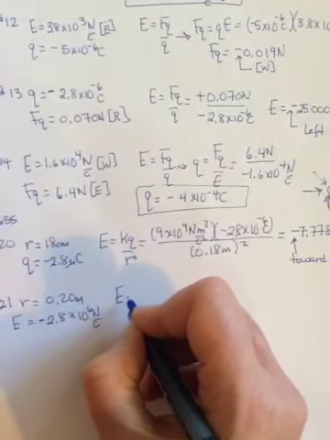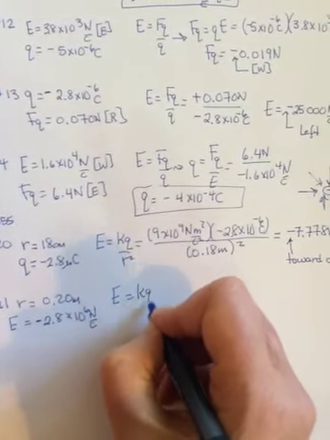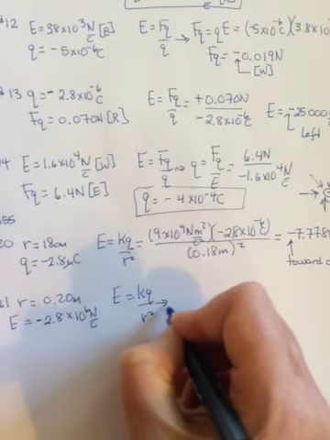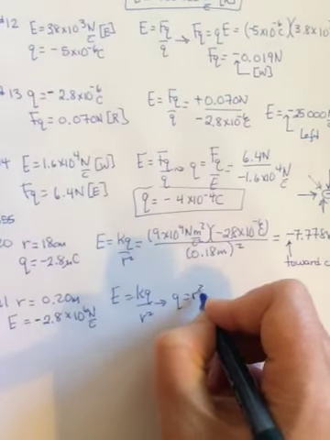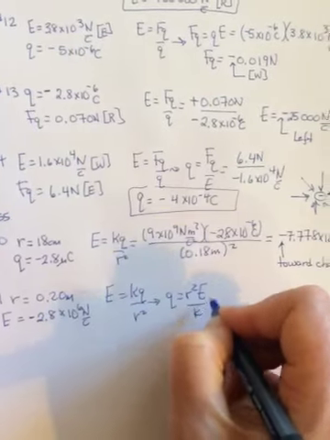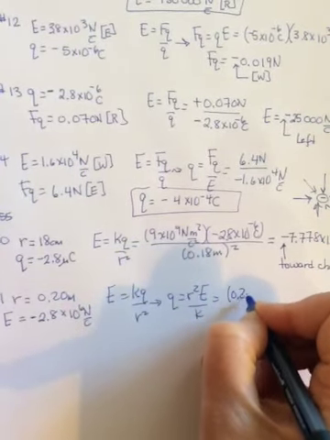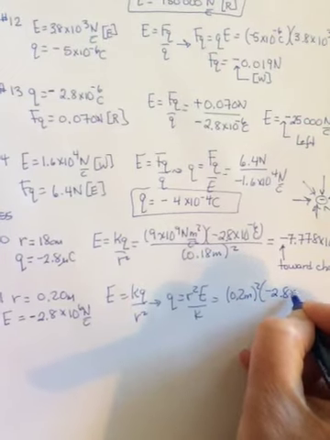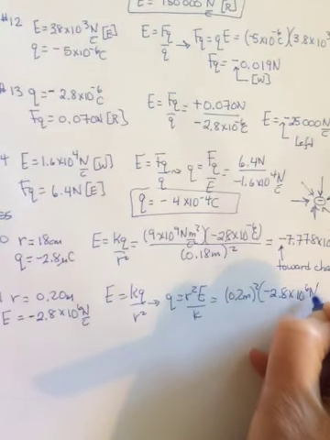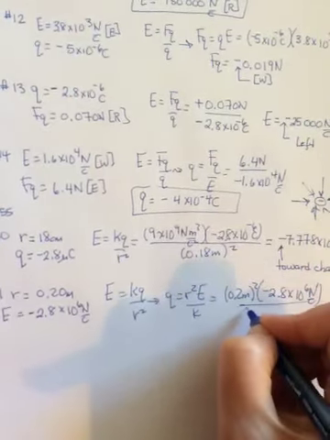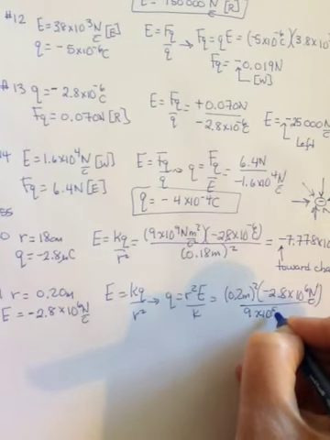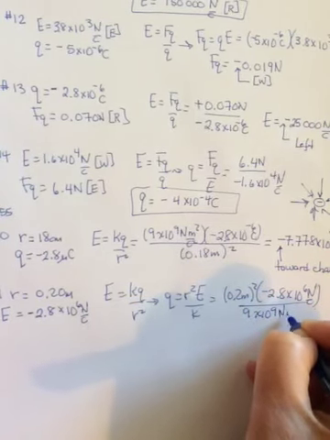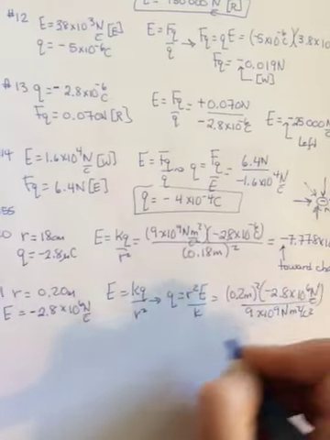Okay, and this time it's asking us what's the charge. So rearrange this for Q. So Q will equal R squared times E over K. So 0.2 meters squared, negative 2.8 times 10 to the 6 newtons per coulomb, and K is 9 times 10 to the 9th newton meters squared per coulomb squared.